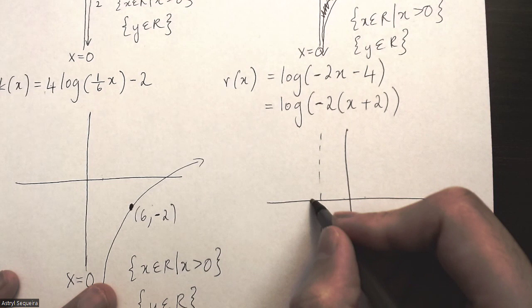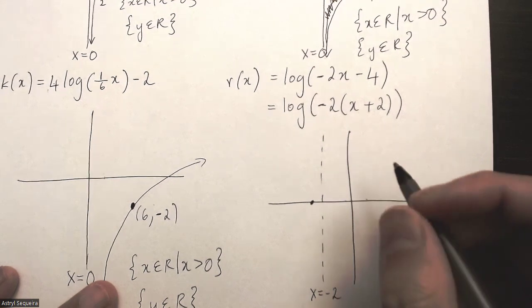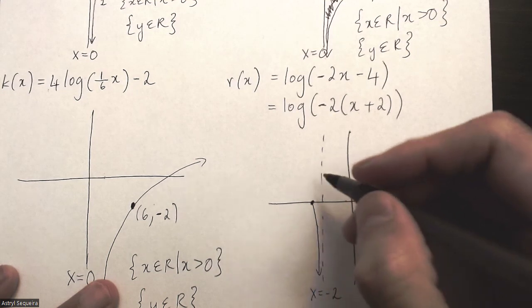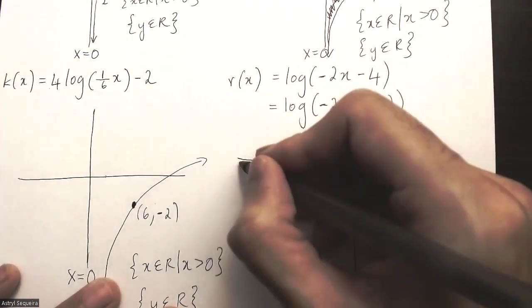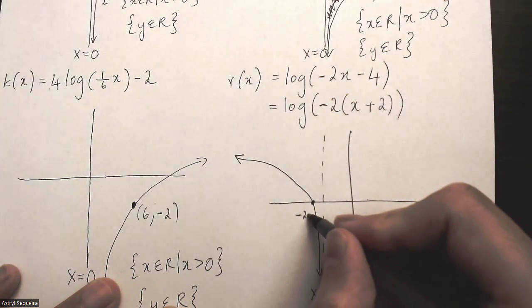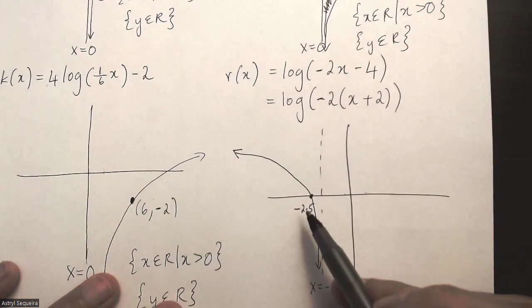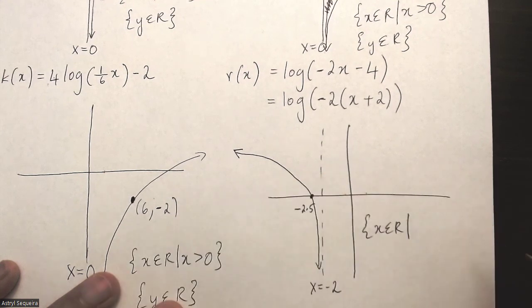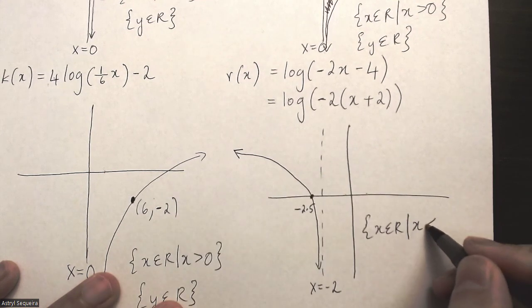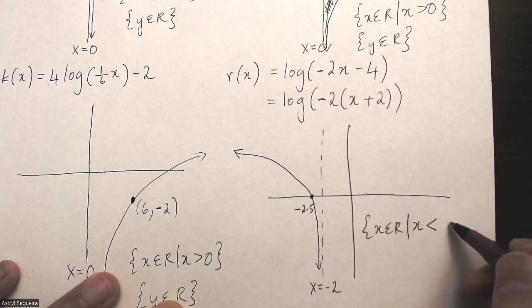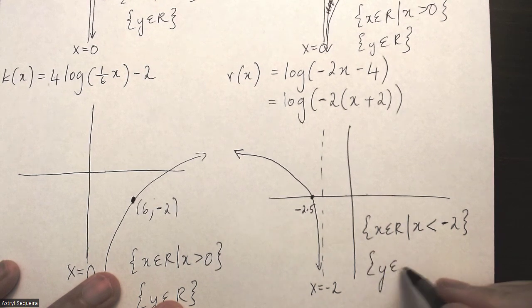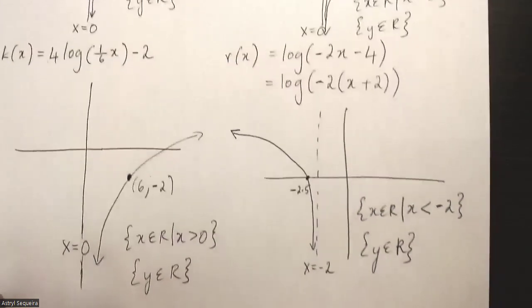So it moves over here, which is basically (-2.5, 0). Since it's reflected, it's going to be on the opposite side of the axis. So that's what the graph is going to look like for this last one. My domain is going to be, since it's reflected in the y-axis, x is less than the vertical asymptote, which is -2. And my range, as usual, is just y is an element of all real numbers.